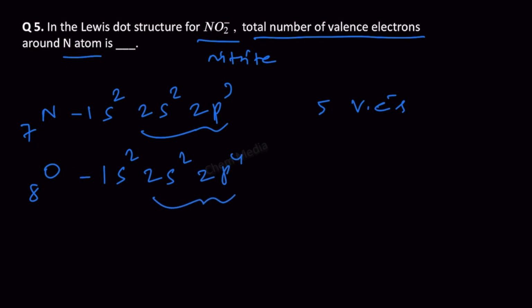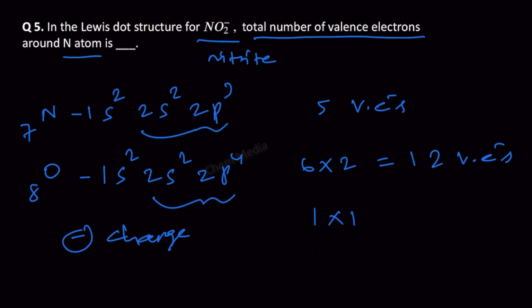We have 6 valence electrons but we have 2 oxygen atoms. So therefore we have 12 valence electrons and then for the negative charge we have to count 1 valence electron. So in total we have 18 valence electrons.